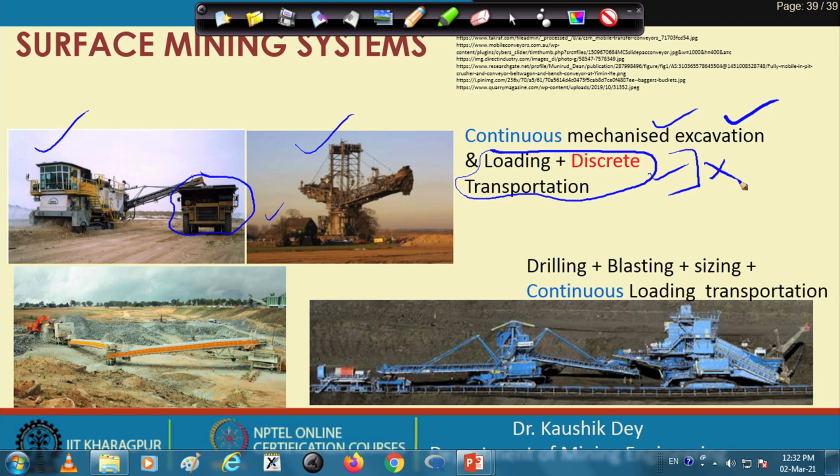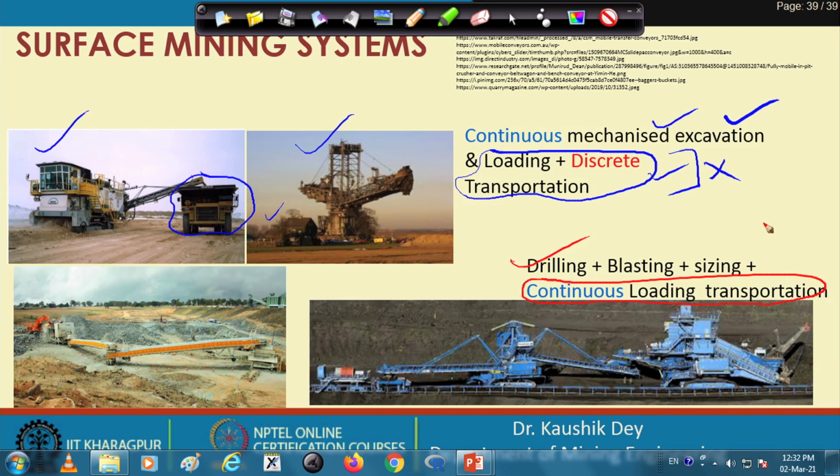Alternately, we can have a system in which we continuously transport the material using a conveyor or slurry transportation system, but in that case we have discrete drilling and blasting excavation, and then the continuous transportation is carried out.